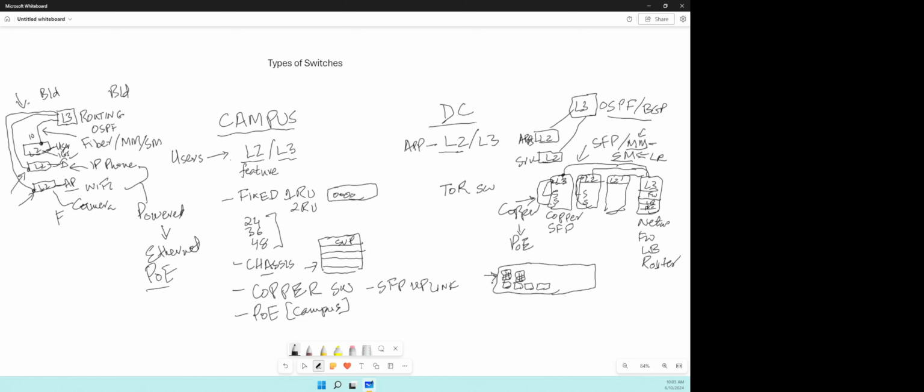So here now you have an ASIC and a port, and the oversubscription is 1:1. Each port has an ASIC, a chip, a 10 gig each chip, or a 1 gig each chip, whatever the switch is. So your oversubscription here for data center would be 1:1.